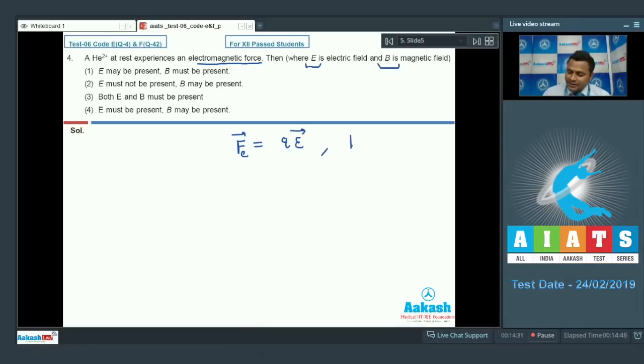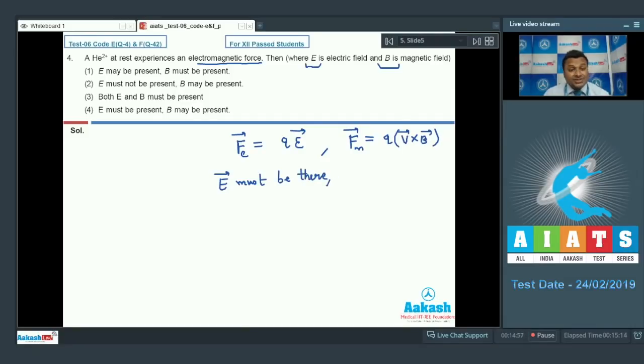On the other hand, the magnetic force is given by charge V cross B, where V is the velocity vector and B is the magnetic field. Since the particle is charged and a force is acting on the particle, we can say that E must be there.